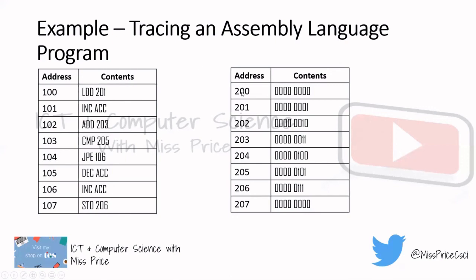These addresses then get put into these values here, and these are the contents of them in the 8-bit value. So 200 would be a bunch of zeros, then you've got 201, and as you can see, they increment by 1 each time.